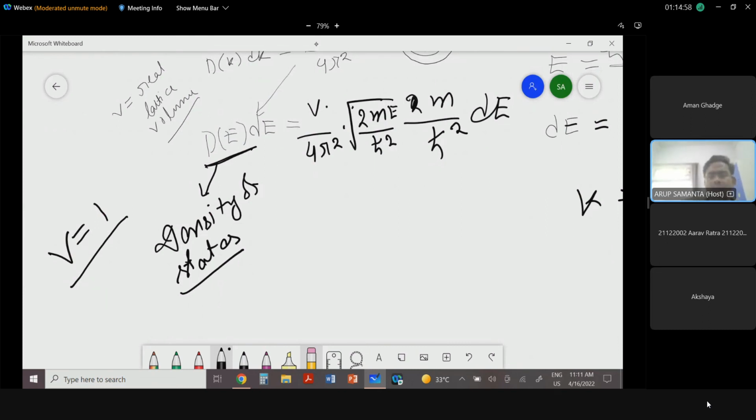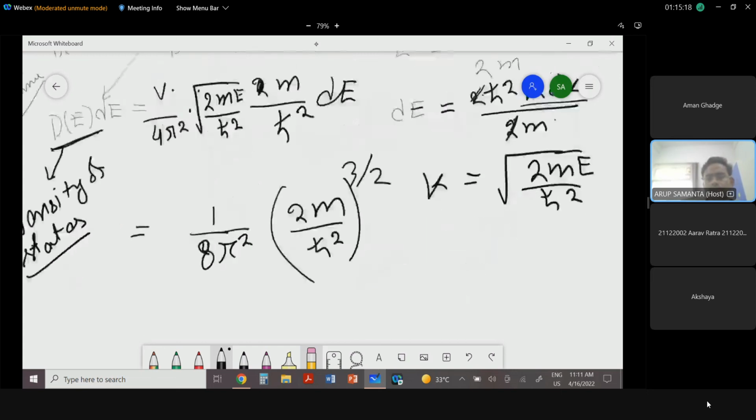So then V is 1. So it should be 1 over 4 pi square; taking the 1, 2 here, so we can write 2 here. So it should be 2m by h cut square whole to the power 3 by 2 into E to the power half into dE.